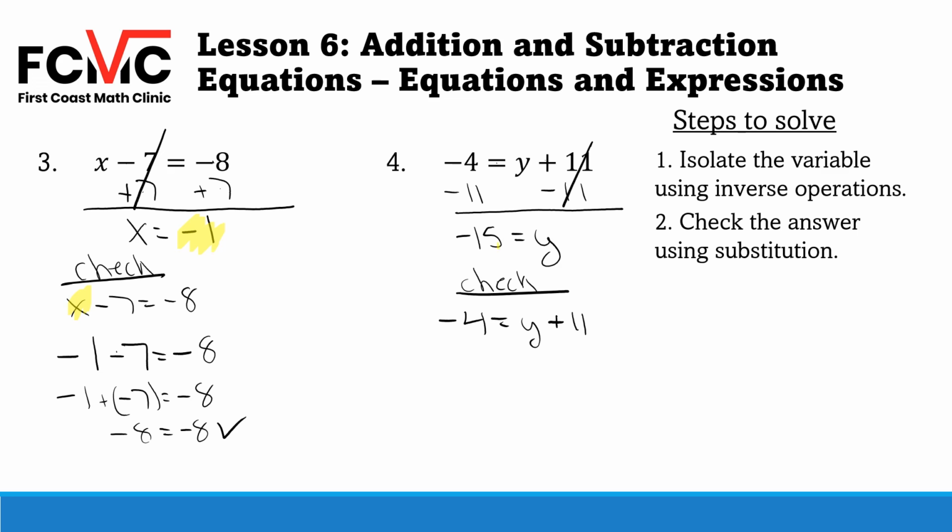Let's take that negative 15 and put it in for y. So we get negative 4 equals negative 15 plus 11. We're adding two numbers of opposite signs, so we want the difference, and we want to take the sign of the number with the larger absolute value. That's going to be our negative 15. So we get negative 4 equals negative 4, and our answer checks.